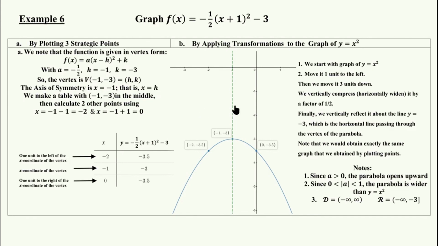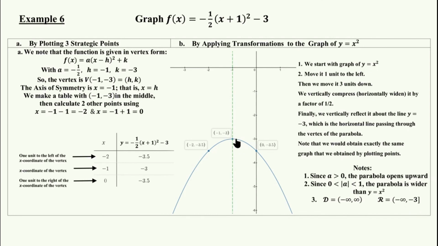So x equals negative 1 will be the axis of symmetry, and that's all there is to that particular method of graphing. Of course, the domain will be all real numbers. The range is actually gonna end here. So you start at negative infinity, but the y values that are outputs of this function, they stop right there. So that's why you go up to negative 3.